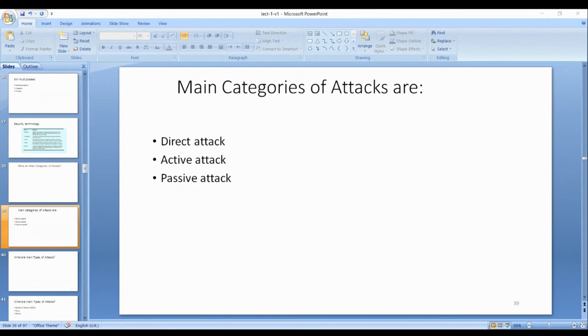In the active attack, the hacker changes the information, changes the data which is sent between sender and receiver. For example, you have an agent to buy shares on the stock market, like Almarai shares, Saudia shares, Danube shares, Nahdi shares or Aramco shares, and the hacker changes it to some low-level company.